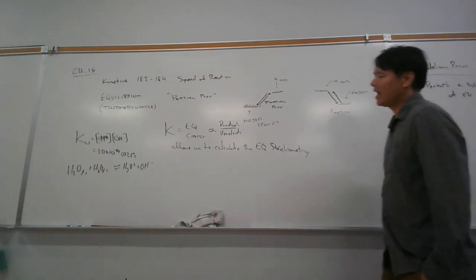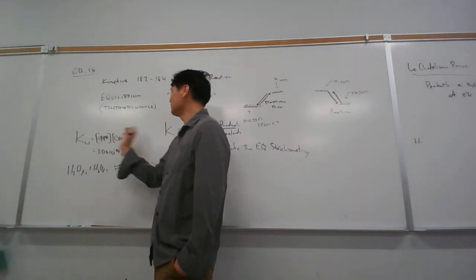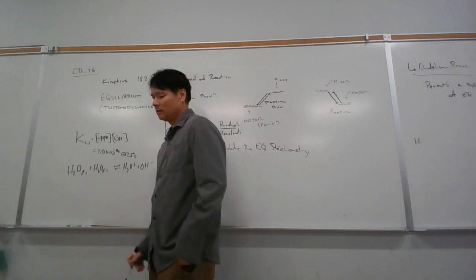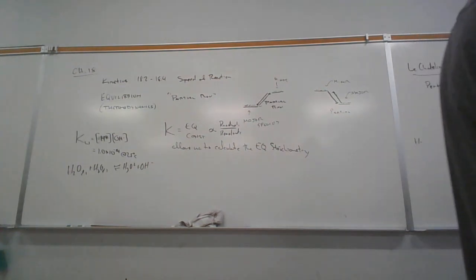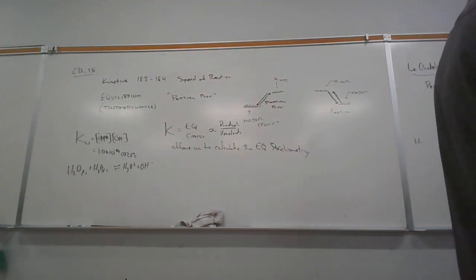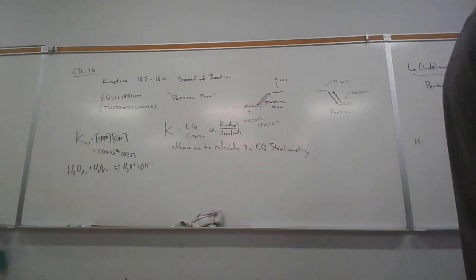So if I add more H plus, it's going to shift it downhill, that kind of thing, or shift it one way or the other. So let's just take a look. I already looked at some of these, but let's take a look at the shot waves. Yeah, we'll take a break and then we'll look at these.